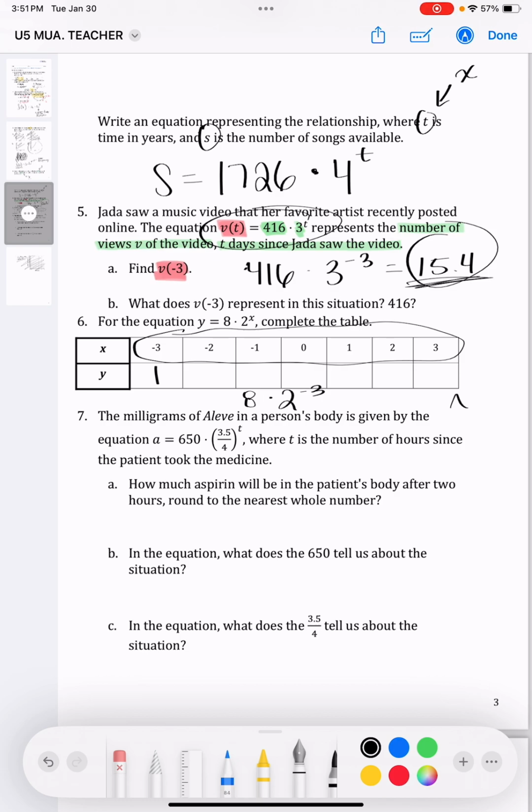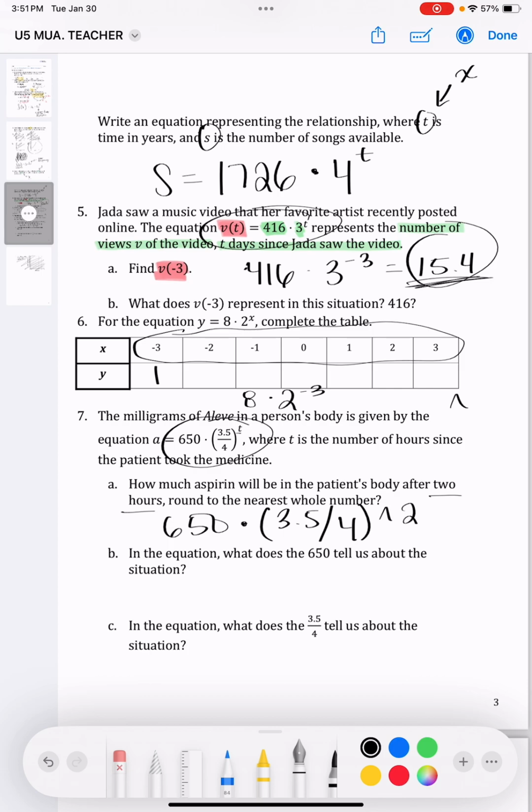So we were provided with the equation initially here, and now letter A is telling us t. It's telling us to calculate the amount of medicine after 2 hours. So in your calculator, you would do 650 times parentheses 3.5 divided by 4, and your exponent would be raised to the power of 2.